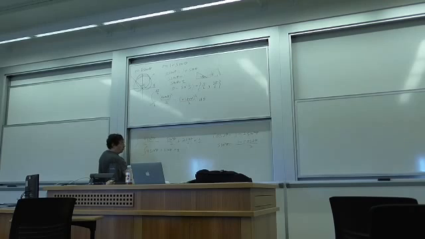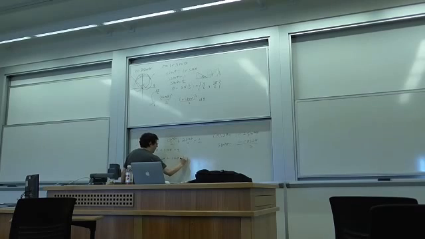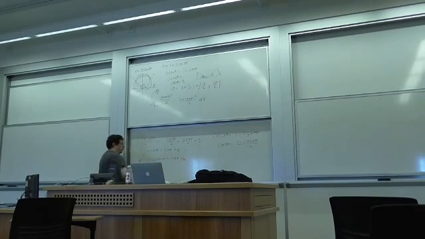So times 4, we're left with 2 minus 2 cosine 2 theta plus sine theta plus 1/2. Well, 2 plus 1/2 is just 5/2.